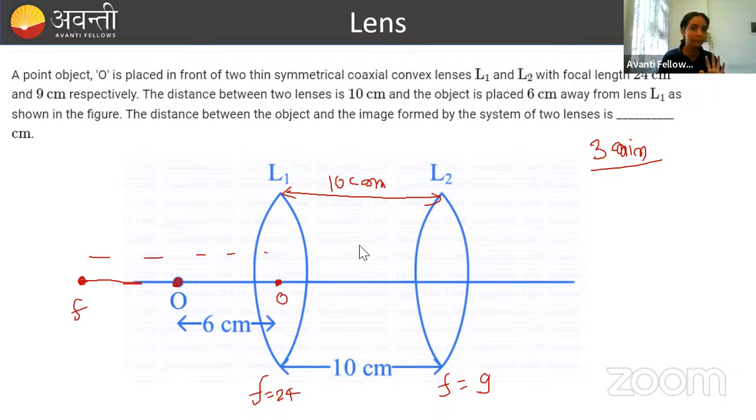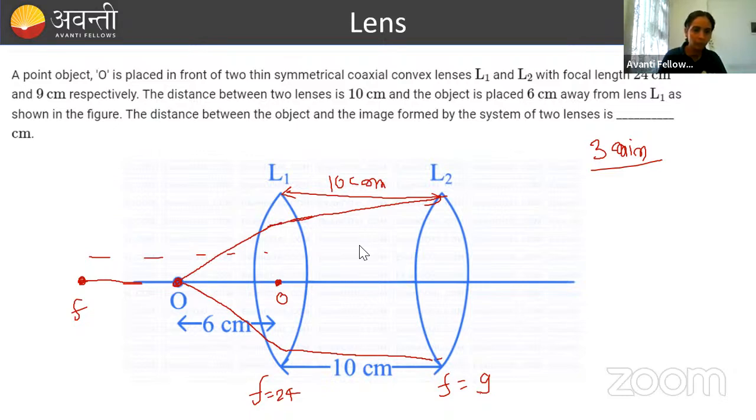So let's be very careful while drawing the ray diagram. So I'm just taking it here like this, and the image getting formed is virtual, so I will just let the light go on like this. Okay. Done. So like this I have drawn. Why?